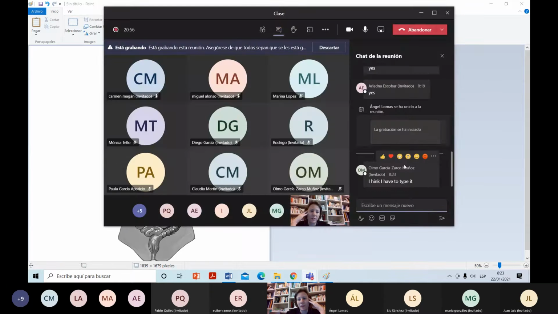Okay, he's writing. So try to use short sentences so it's more active, more fluid. If any other person with a microphone wants to help Olmo, try to do it a little bit quicker.